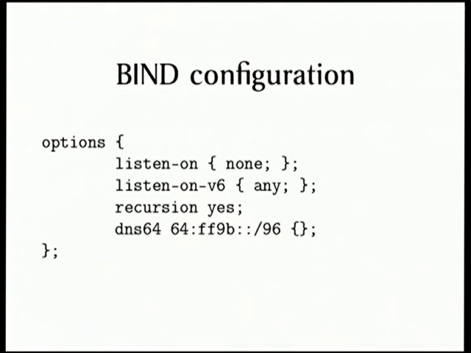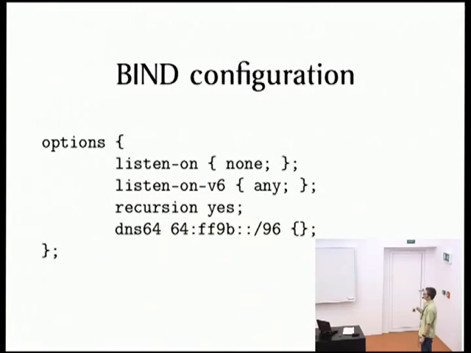Next thing is that BIND can be very easily configured to behave as DNS64. It just needs to listen on an IPv6 interface to do some recursion or forwarding, depending, and it needs to know the NAT64 prefix, which is used in the network.